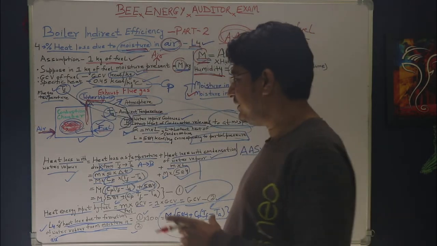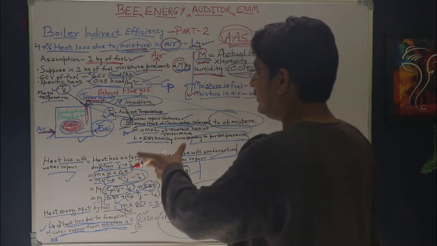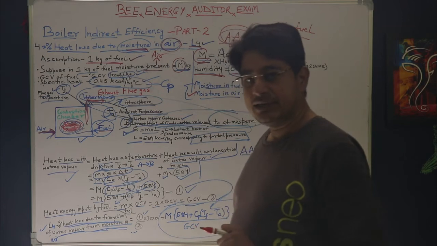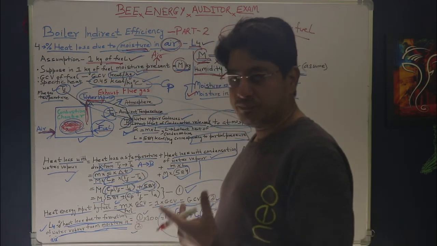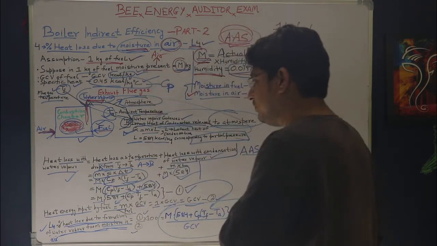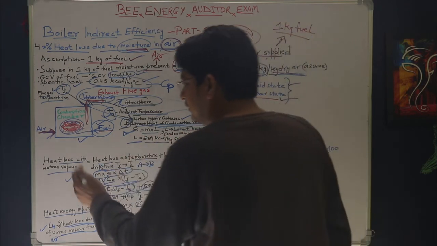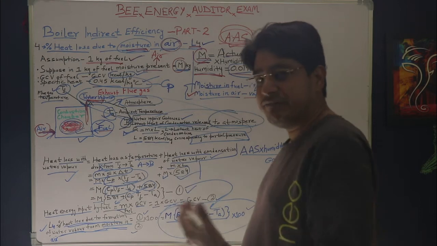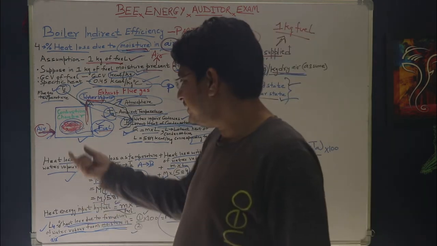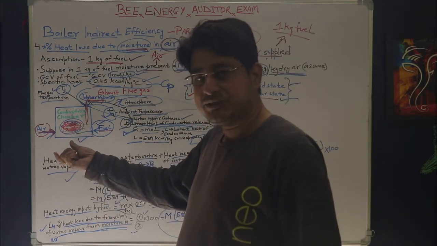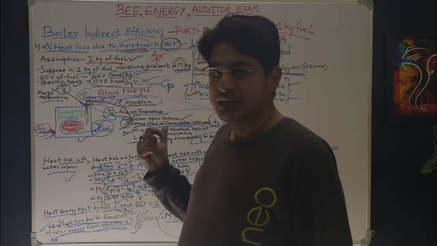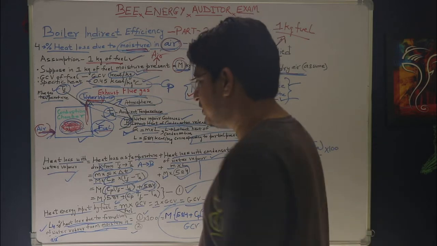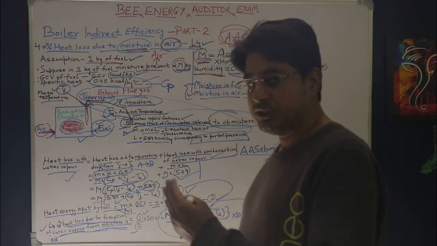Now basically there is a difference in the two concepts, that is the heat loss due to the presence of moisture in air and the heat loss due to the presence of moisture in fuel. As you can see here, the moisture which is available in air is already in vapor state. This means that since the water vapor is already in vapor state, it will not absorb latent heat of condensation from the energy which is being released in the combustion chamber.